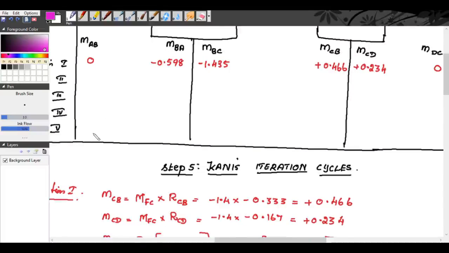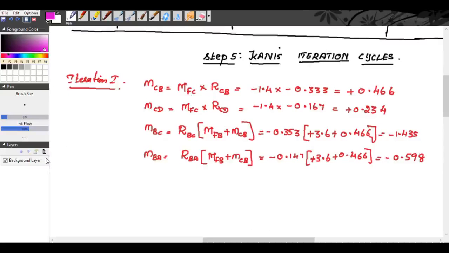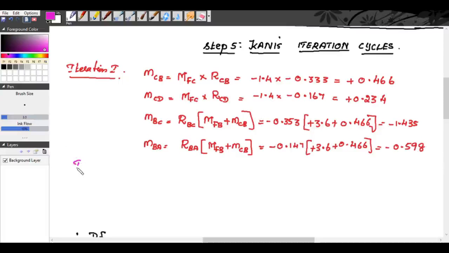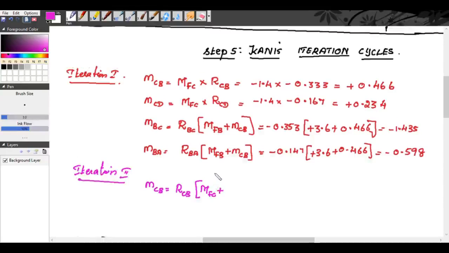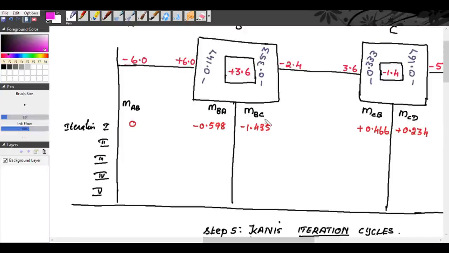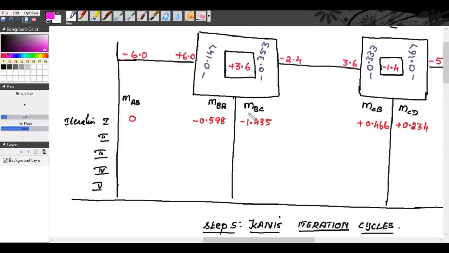So we will take it as iteration 2. Iteration 2 also we will start as we did in the first step. MCB will be equal to RCB multiplied by MFC plus MBC. So now which will contribute? This MBC will contribute.